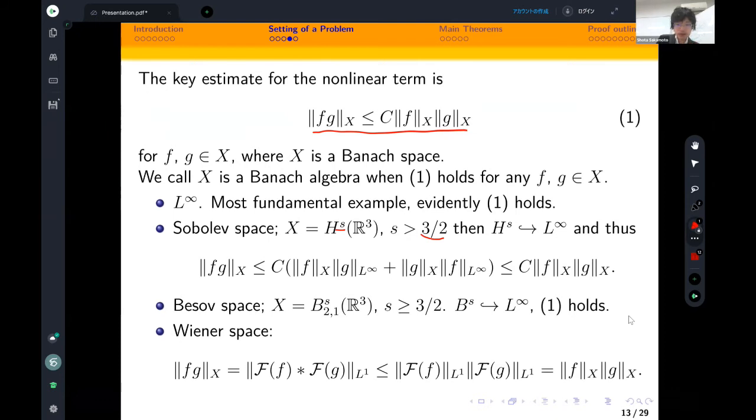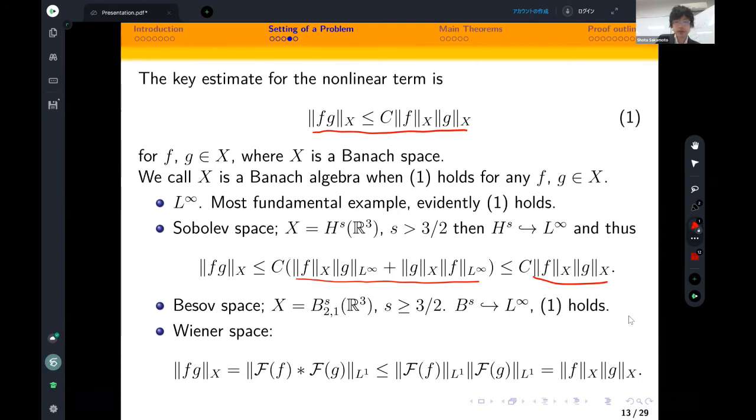Because in that case, Hs can be embedded into L infinity, and this kind of bilinear estimate always holds for the Sobolev norm. So if we can bound the L infinity norm with the Sobolev norm we are using, then we can have this estimate, the condition 1.